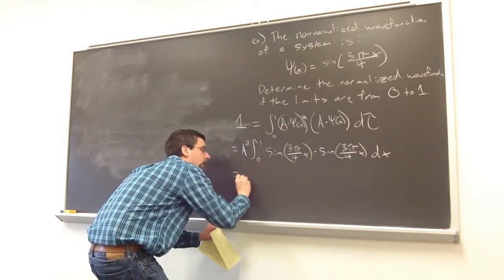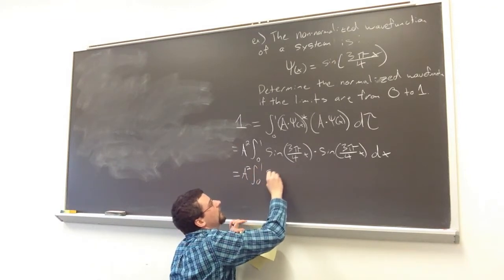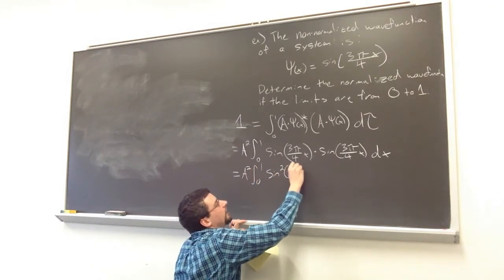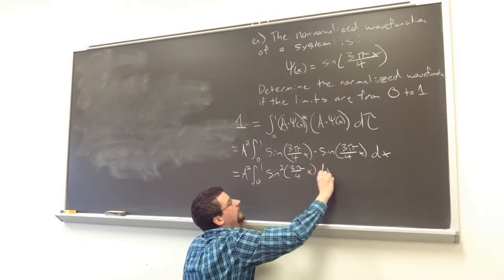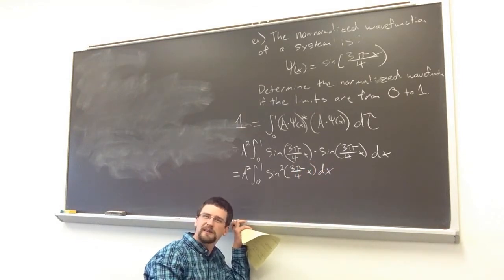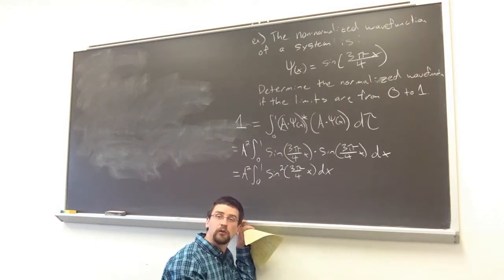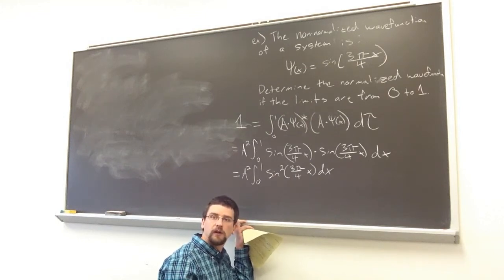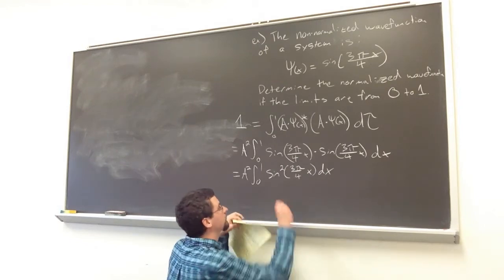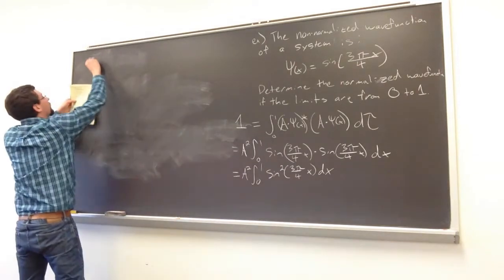That becomes a square, so we've got A squared, integral from 0 to 1, sine squared of 3 pi over 4 x dx. Now, that looks a little bit tricky. I personally don't want to solve this. What I would do is look up an integration table, and you can find the results of a lot of these sine and cosine functions that you'll encounter a lot in physical chemistry. So we can look up a reference table.